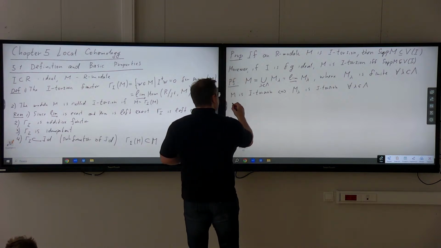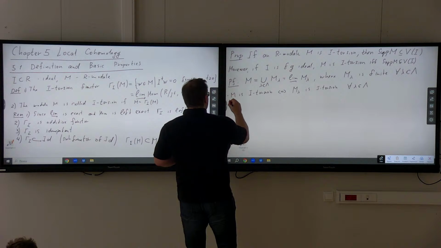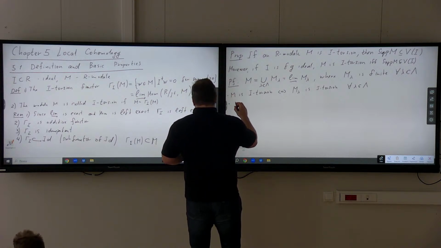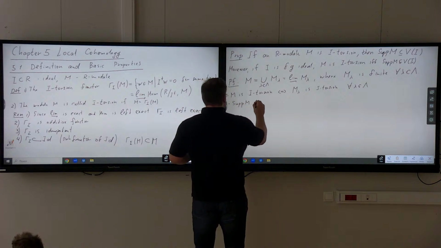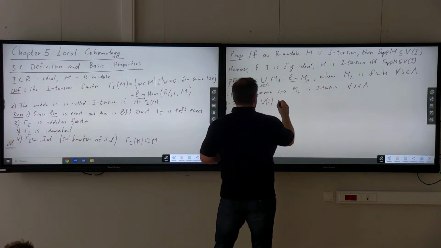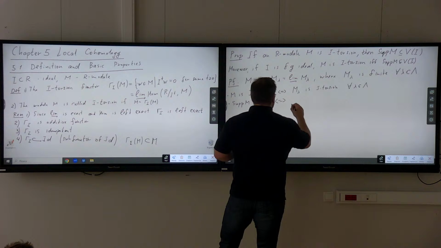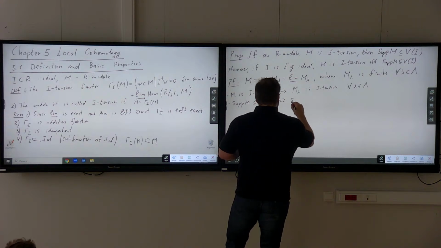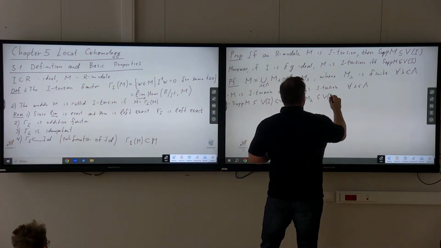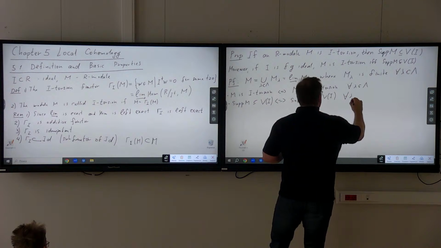And second observation, so say this is bullet 1 and bullet 2. Second observation is that the support of M is contained in the vanishing set of I. This is equivalent to saying that the support of M lambda is contained in the vanishing set of I, and this is for any lambda.